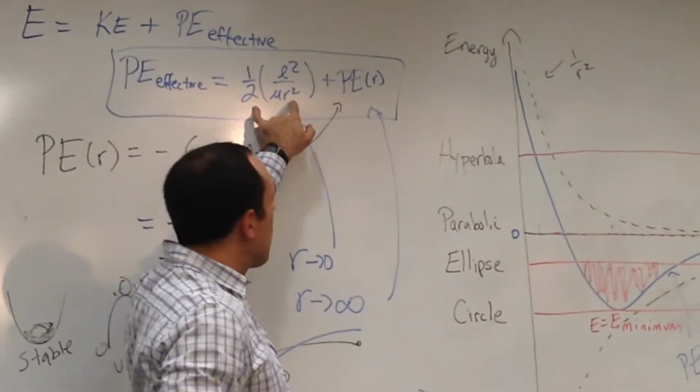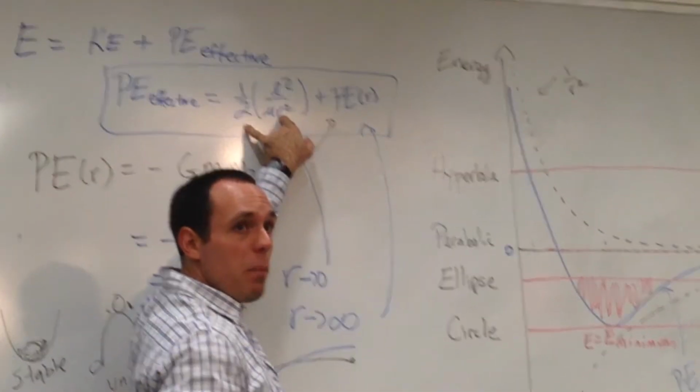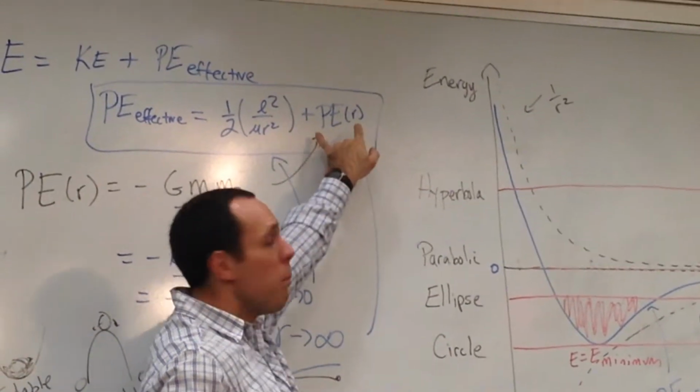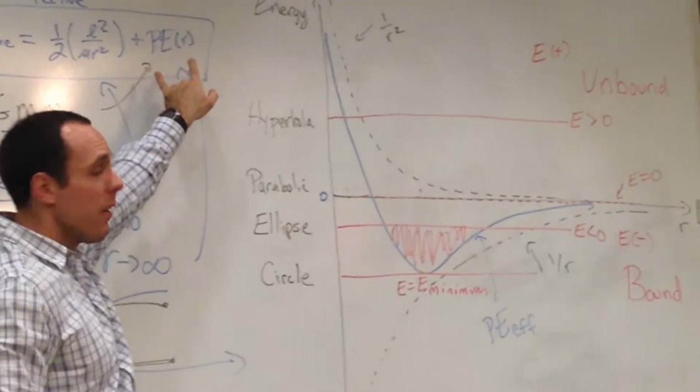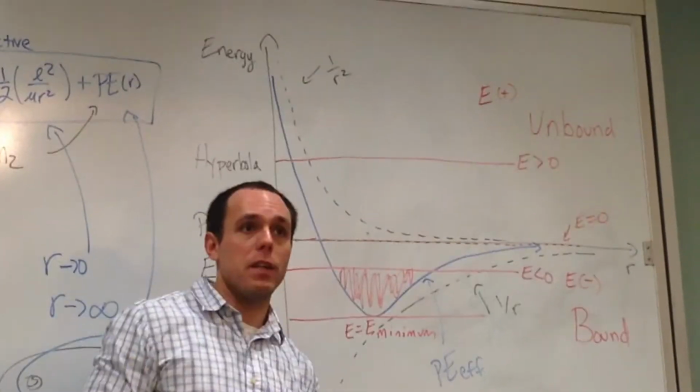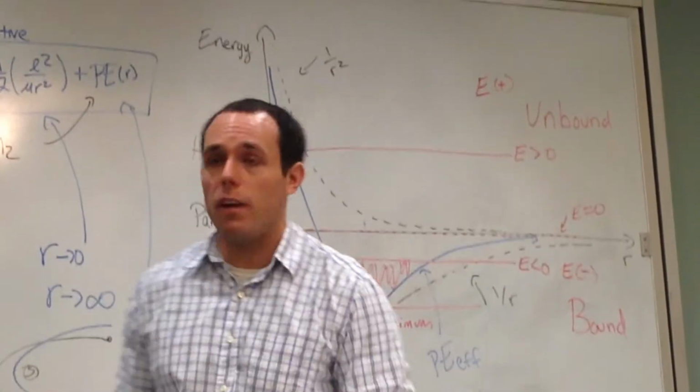We see the potential energy is related to a positive rotational part, that's the angular momentum, minus the gravitational part. And thus we could find bound orbits. And that gave us Kepler's first law.